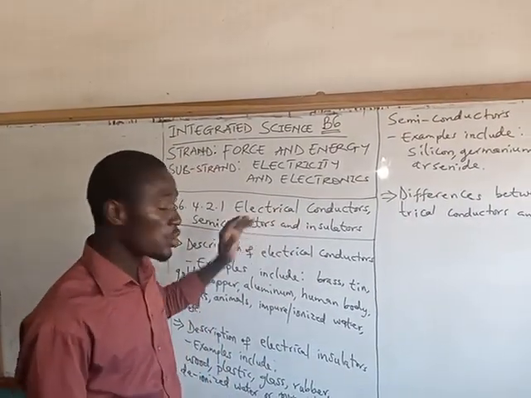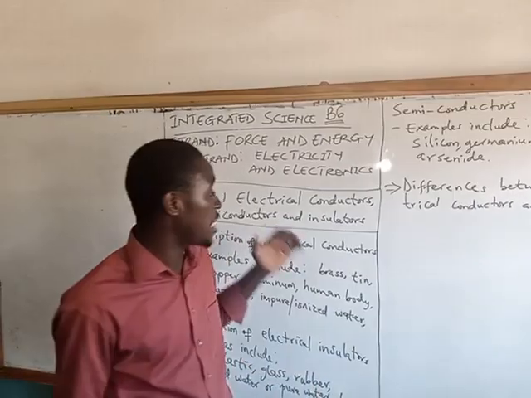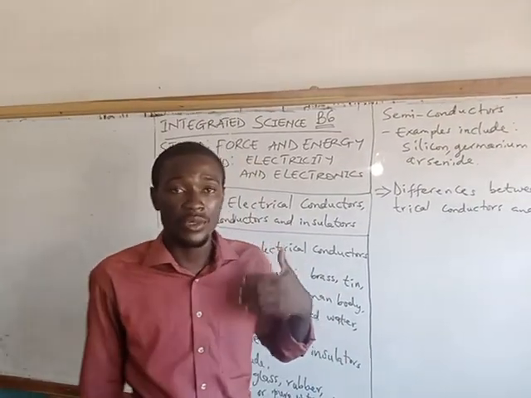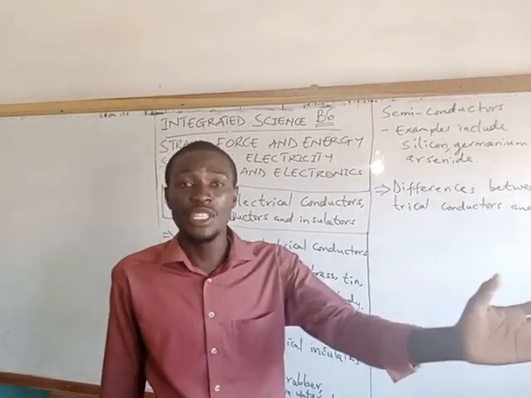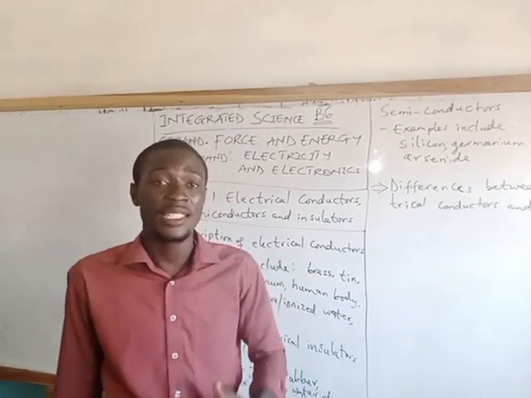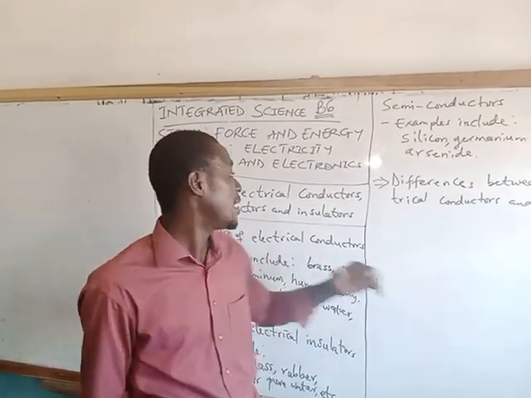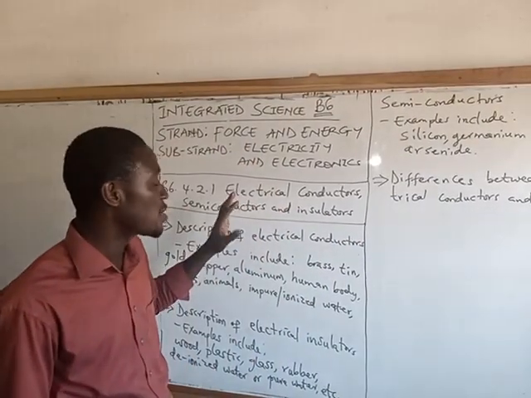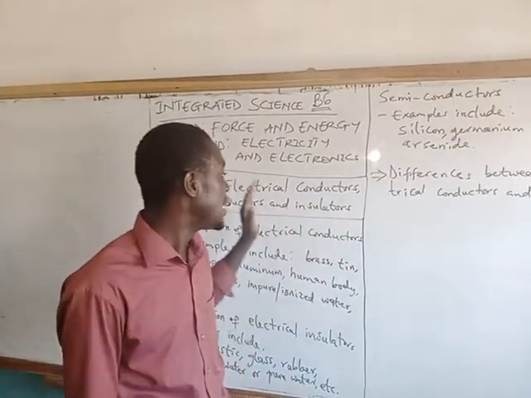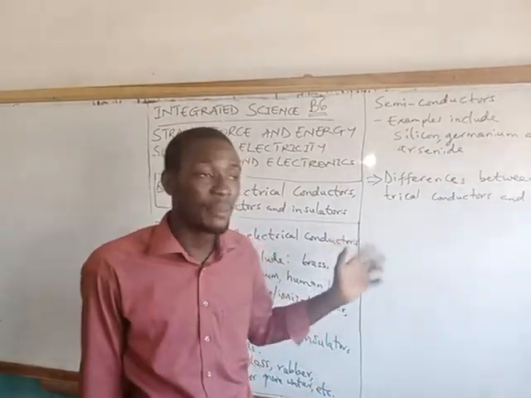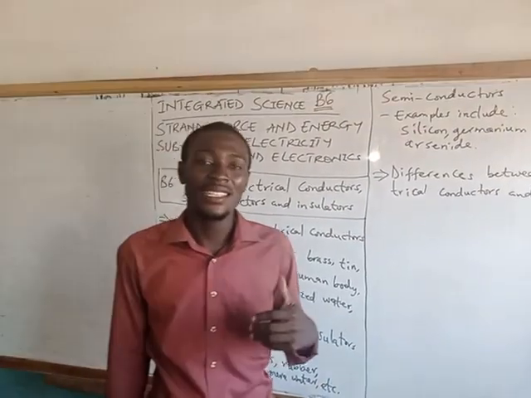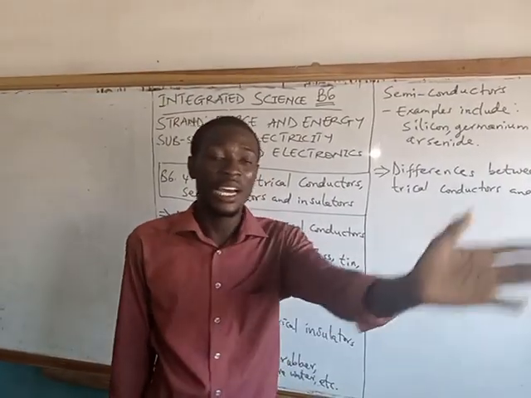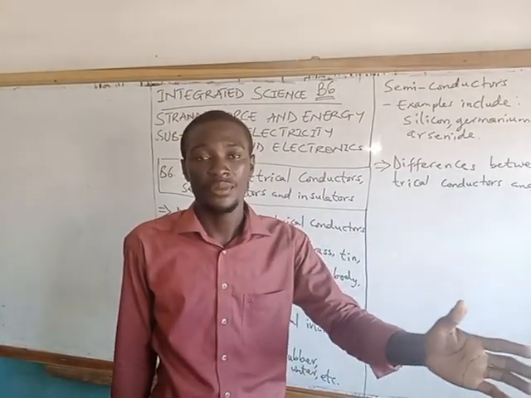And we also learned that before we can get the electricity generated, we need a medium through which electric charges can flow. And these media are scientifically known as electrical conductors. These are the materials that allow, or easily allow, electricity to flow through.